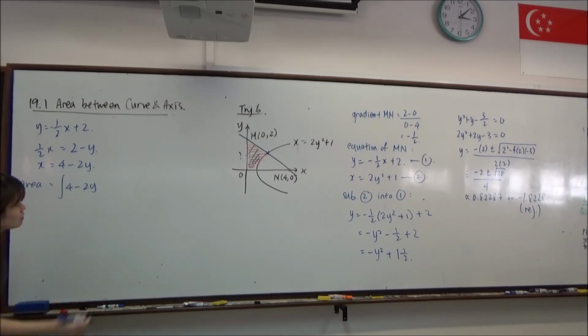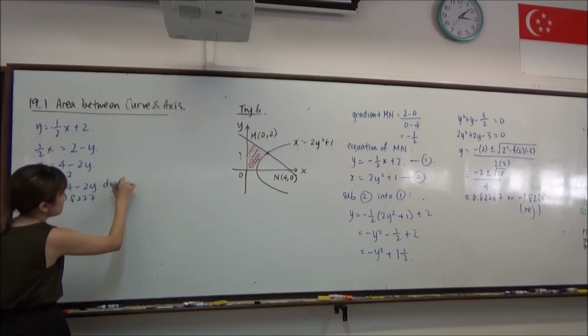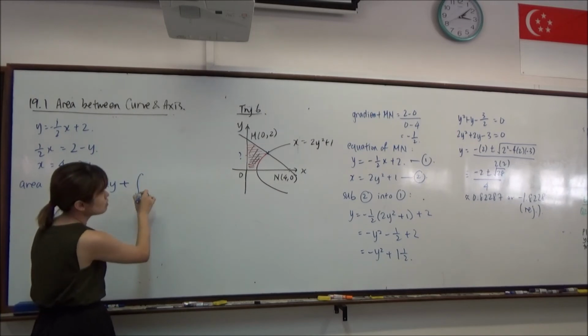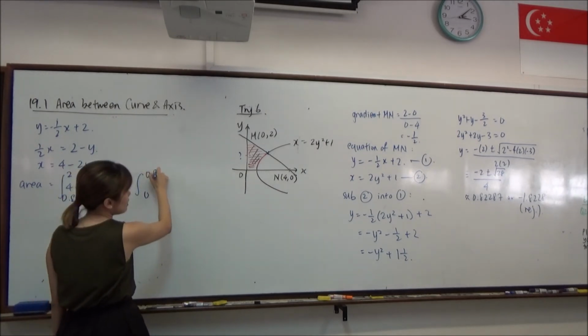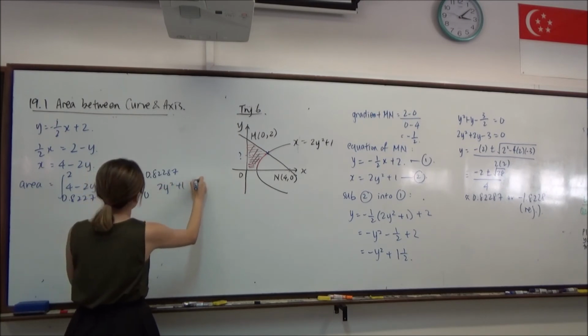Y from 0 to 0.82287, plus the integral from 0.82287 of y squared plus 1.